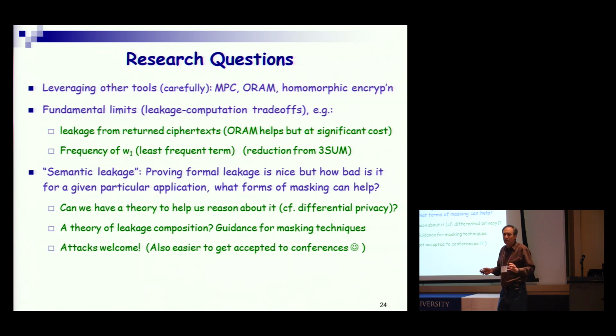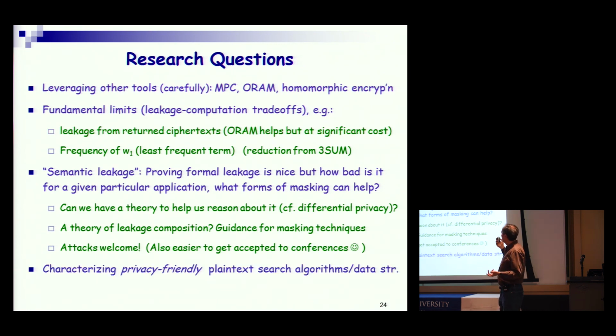Of course, you can take an application and say, for this application, this is good or not good, but what we would like to have is a more general theory that will let us reason about these things. There is differential privacy that we always think of as a model that we would like to have, a general theory, but we don't have anything like this for these cases.